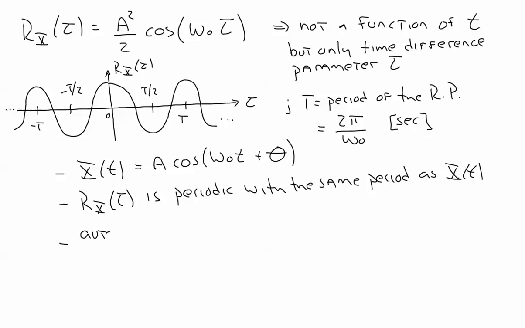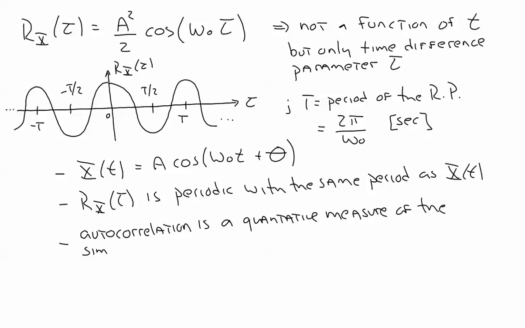Autocorrelation is a quantitative measure of the similarity of a random process to itself at some later instant in time.